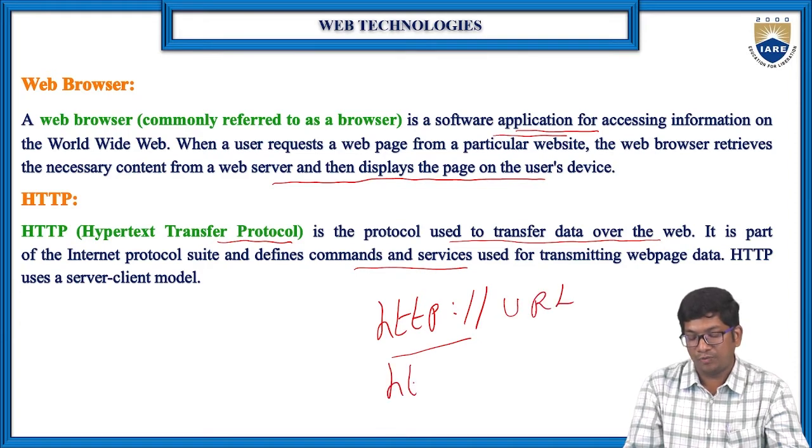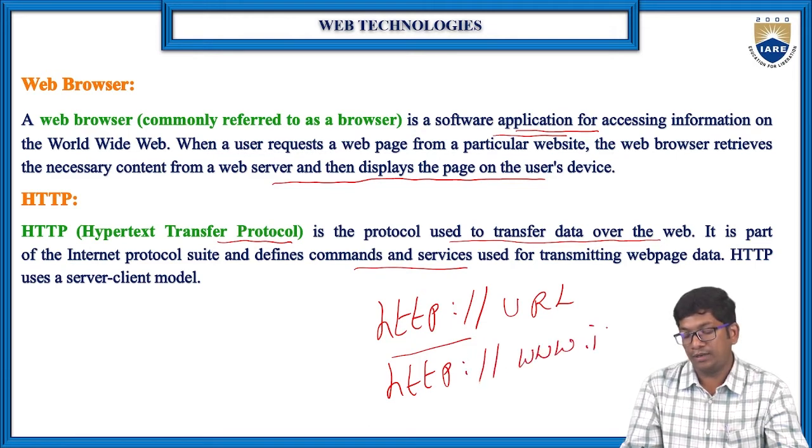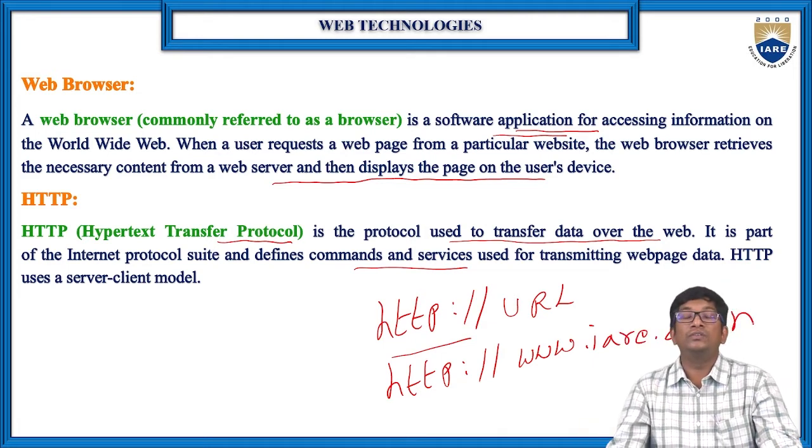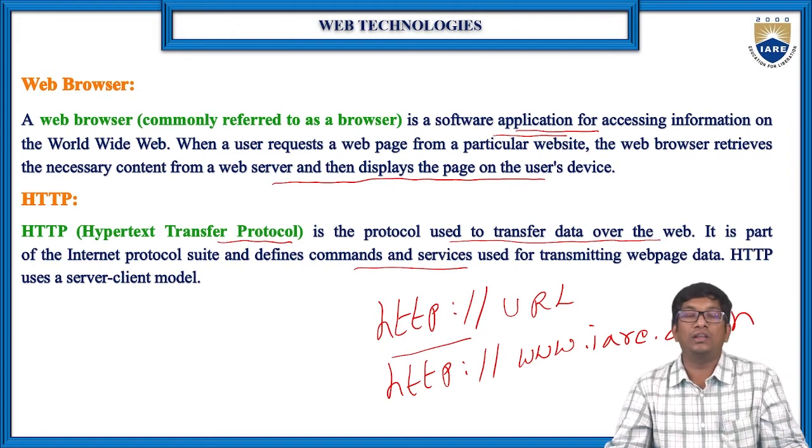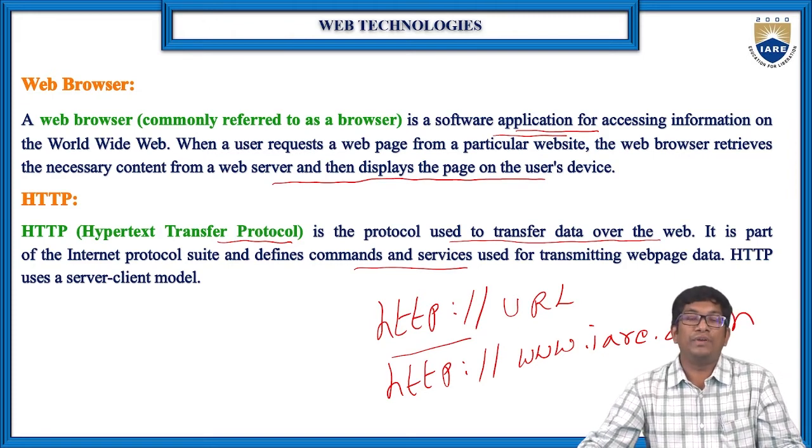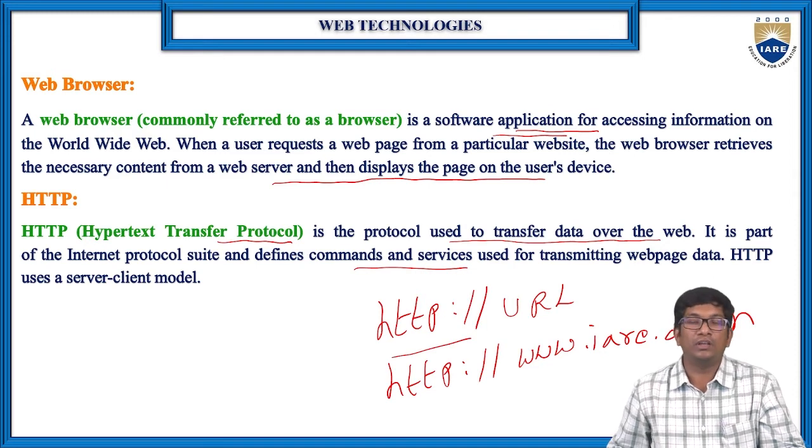For example, we can write http://www.iare.ac.in. So in the browser, if you type this URL, it will display the website of IARE college, and we'll get the detailed information about IARE.